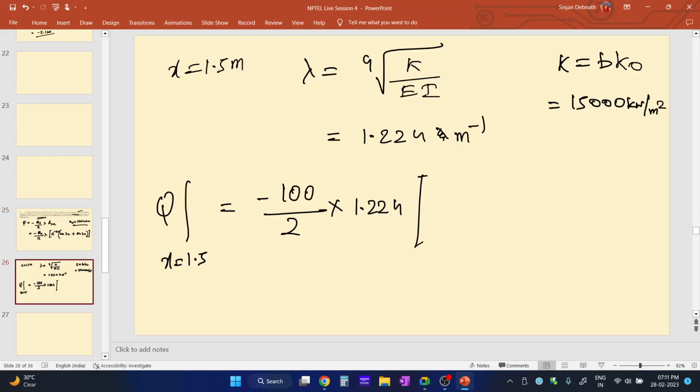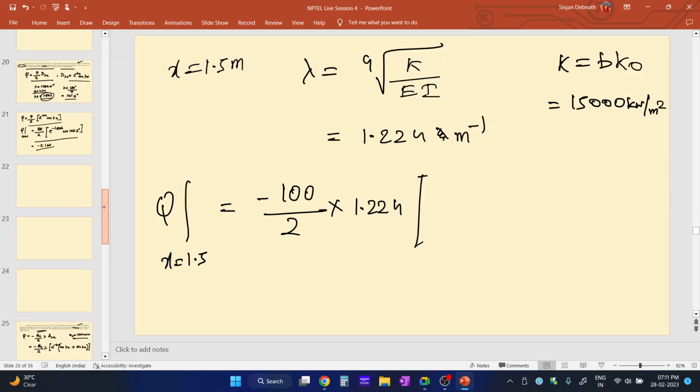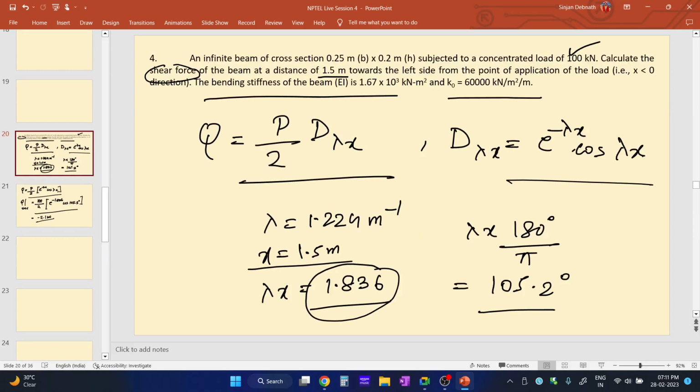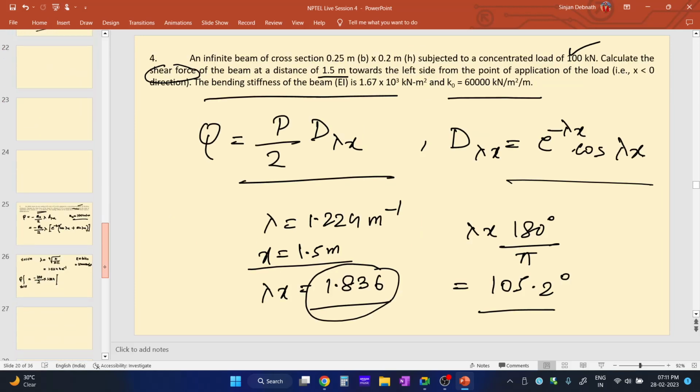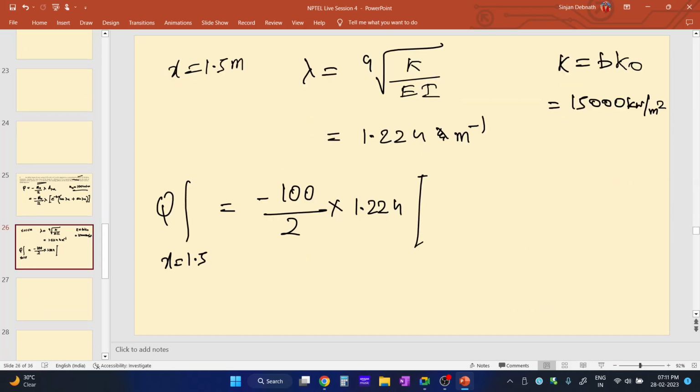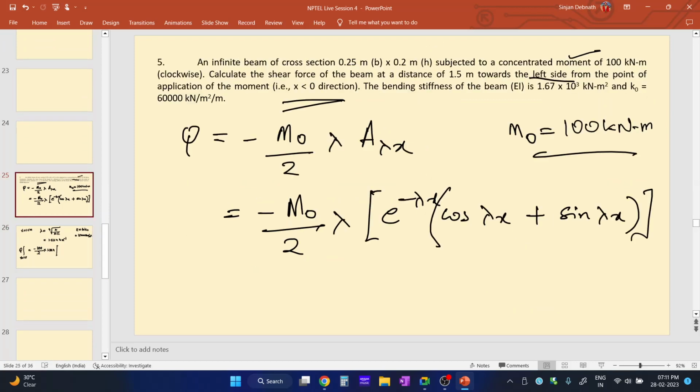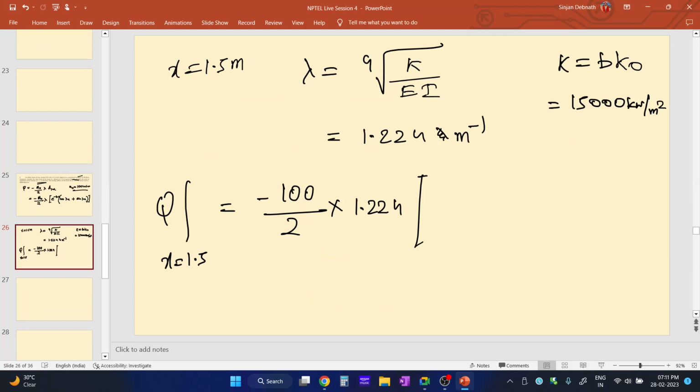What was lambda x in the last question? It is the same: lambda x is 1.836. So e to the power minus 1.836.